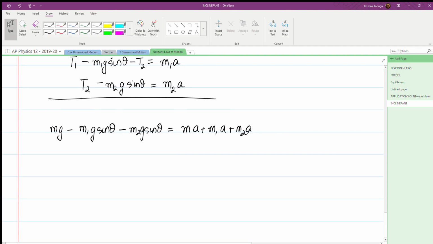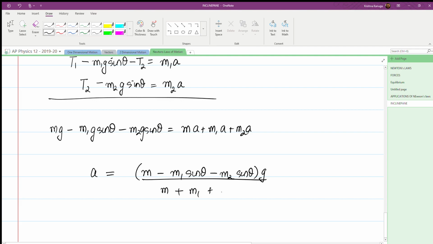If we factor g from the left-hand side and a from the right-hand side, we end up with a equals (m minus m1 sine theta minus m2 sine theta) times g, all divided by m plus m1 plus m2.